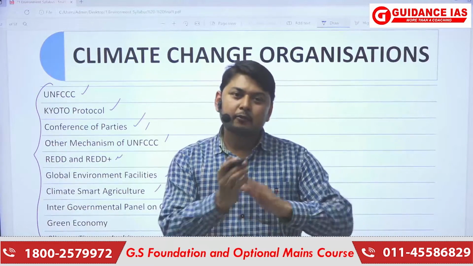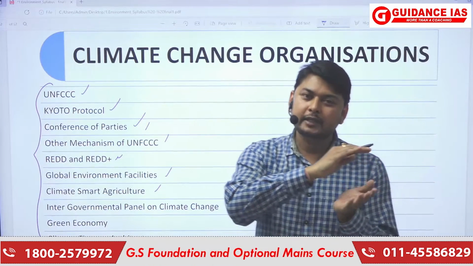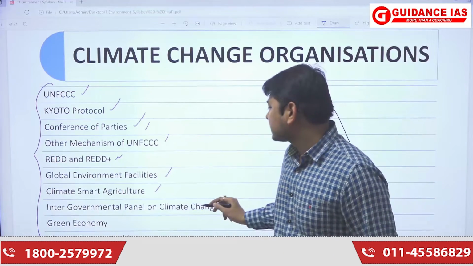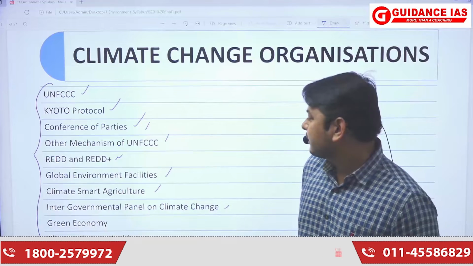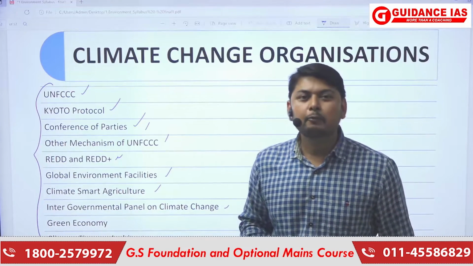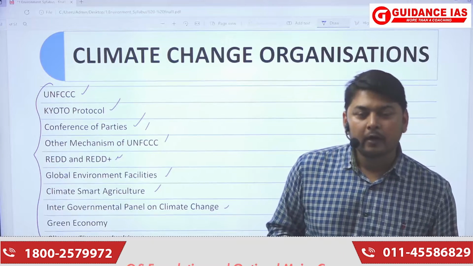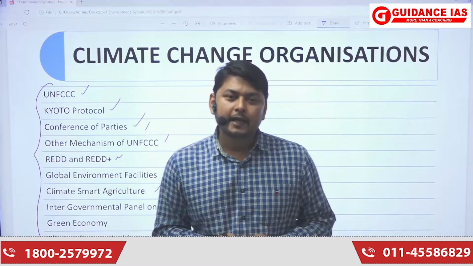There was a previous year question on climate smart agriculture. How the question pattern or question twist has been made, we'll be seeing in the next slides. The Intergovernmental Panel on Climate Change has given a very important report, 1.5 degrees Celsius, which is connected to almost all the dimensions of the earth or environment.